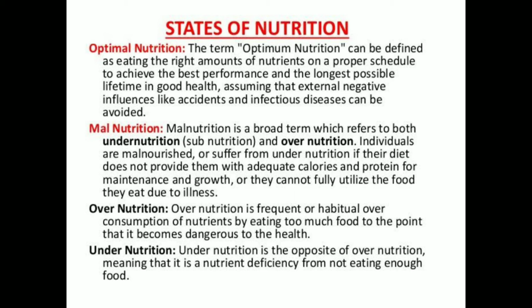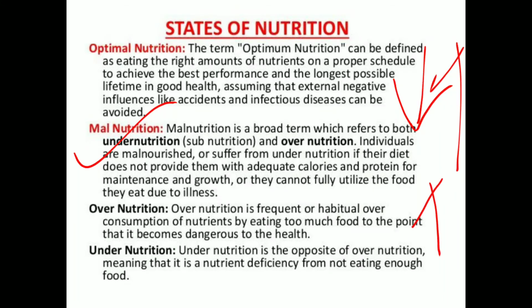If you cannot get nutrition properly, hence you cannot get food properly, you will always have some problem, either mentally or physically. The basic problem we understand is the physical problem, and we call it malnutrition. It is a broader term which refers to both undernutrition and overnutrition.